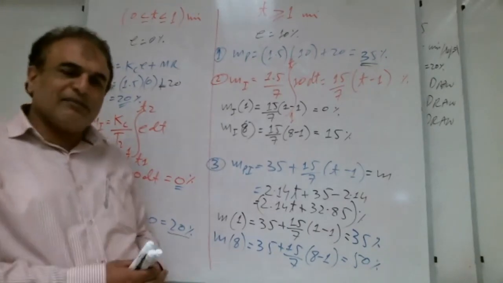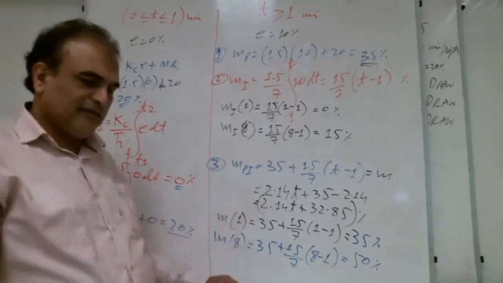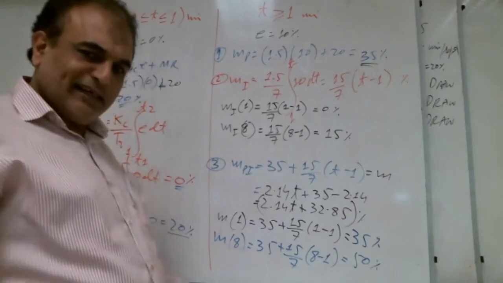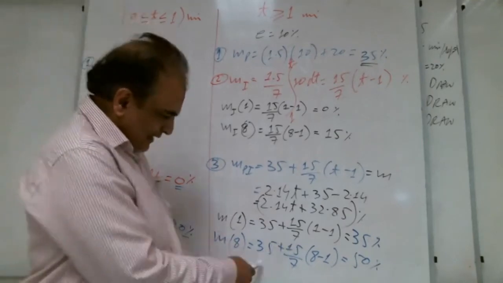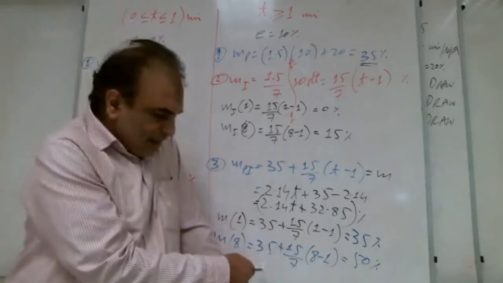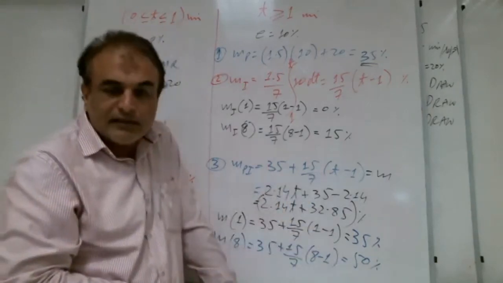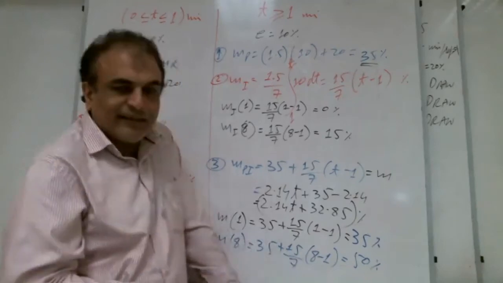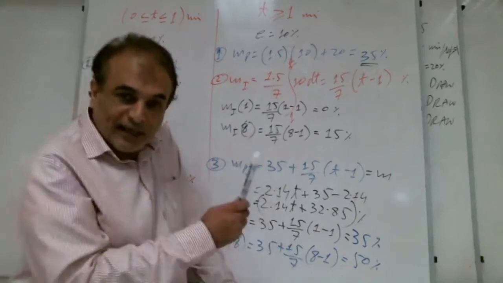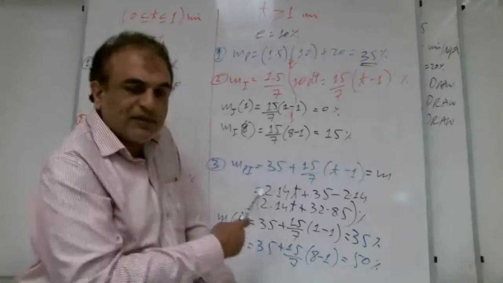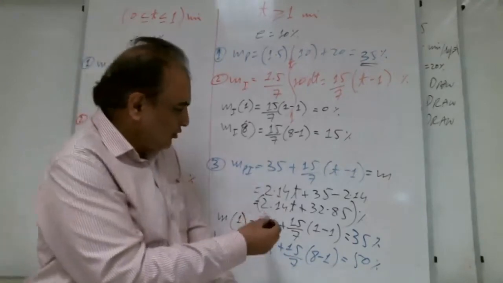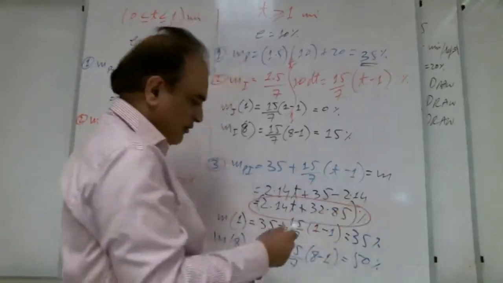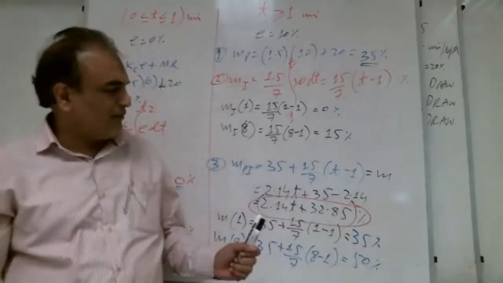Which brother asked this question? Okay, let me tell you again. Imagine here it is 50. Imagine it is going more than 100. Now we need to find the time when it becomes 100. So we take this equation, put it equal to 100 and find the time.